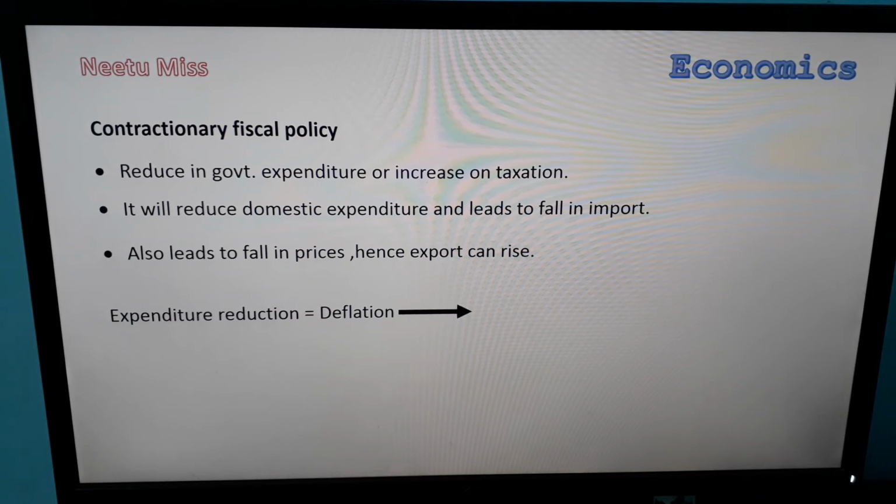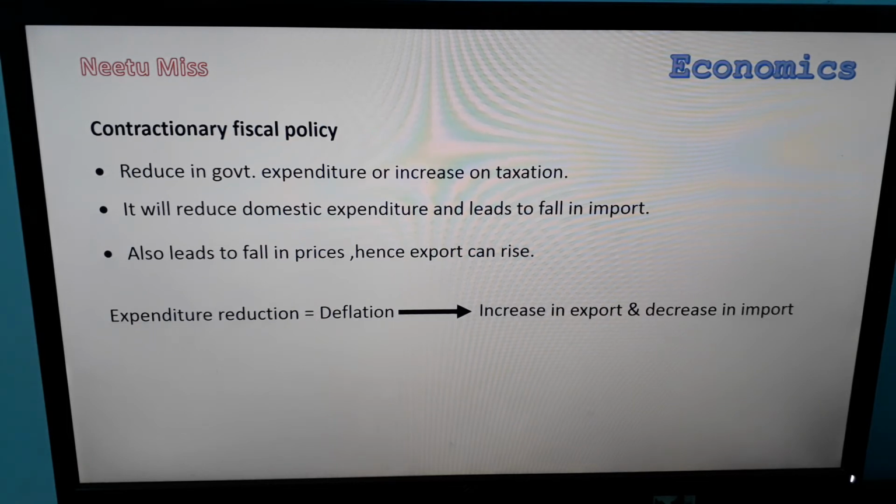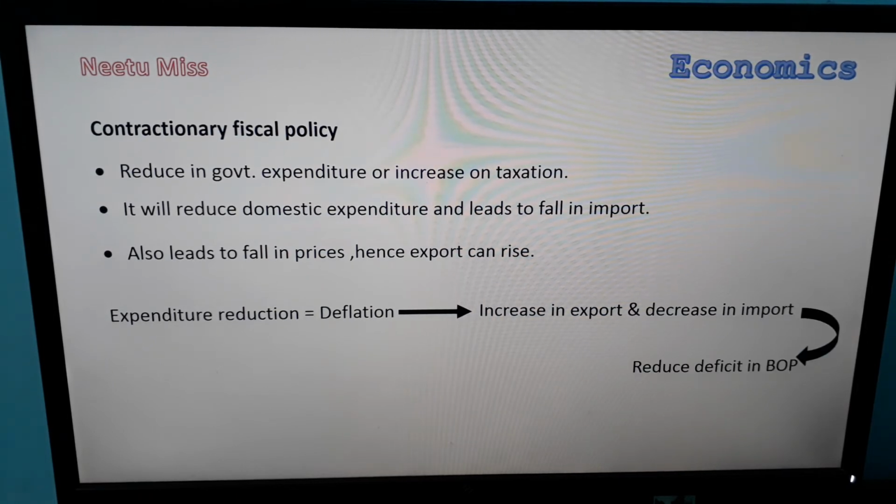So expenditure reducing policy works with the help of the following formula. First it will create deflation. Deflation means to reduce price deliberately. Because of that there is an increase in export, decrease in import, and automatically there will be reduced deficit in BOP.